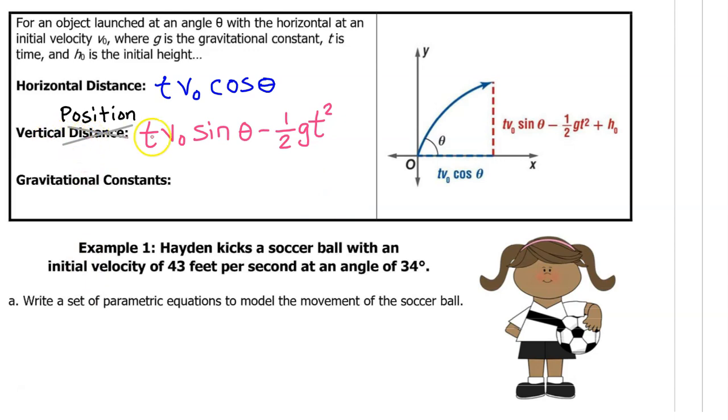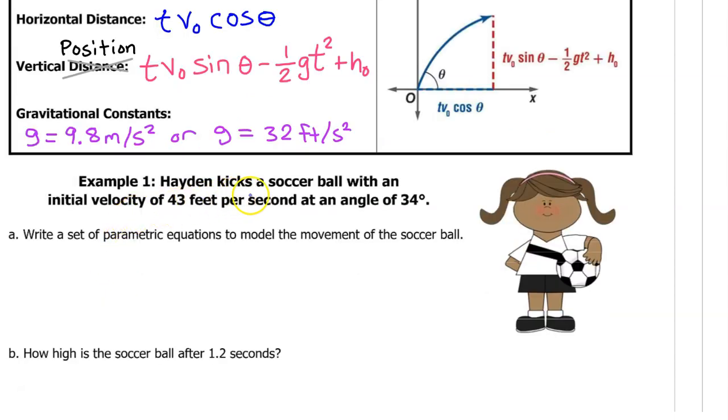If we wanted to change this to a formula for vertical position instead of the vertical distance traveled, we would need to add the initial height of the object. The g mentioned in the vertical distance formula is the acceleration due to gravity. Near the Earth, g equals 9.8 meters per second squared, which is about 32 feet per second squared.